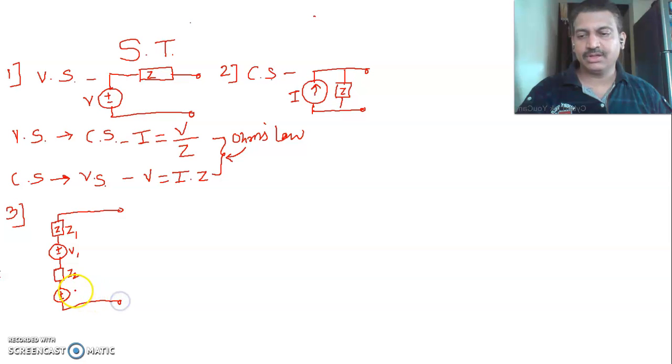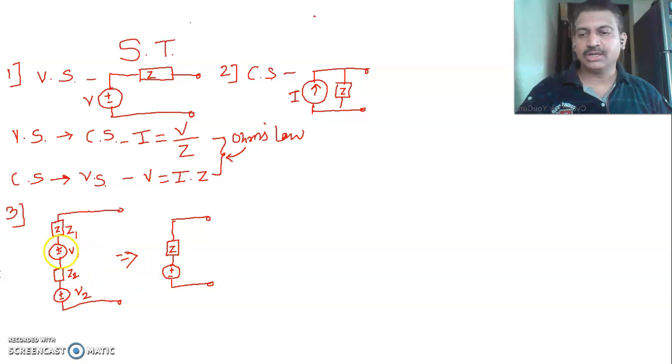So when we have this kind of series connection, what does its equivalent circuit give me? I first just draw this circuit and then we'll see the explanation.